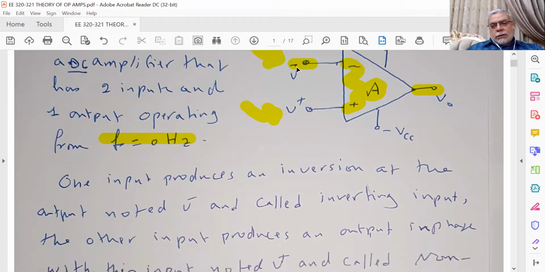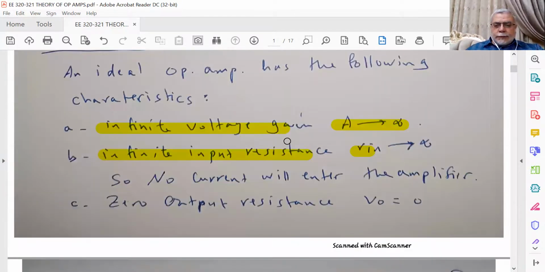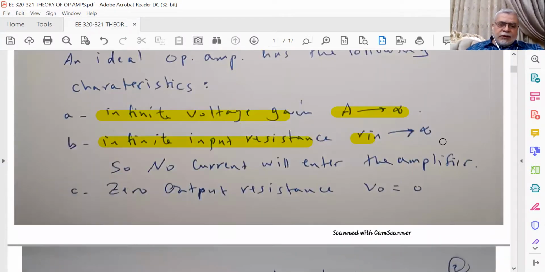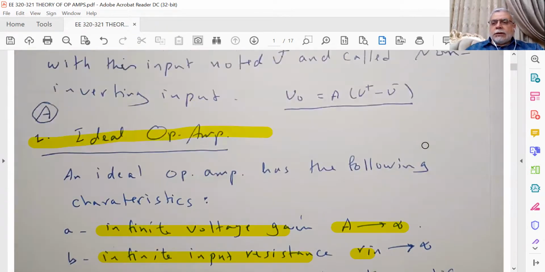This means that no current will enter the amplifier through the generator. So Rin is infinity. And third, the output resistance is zero. So a zero output resistance. This is RO equal zero.